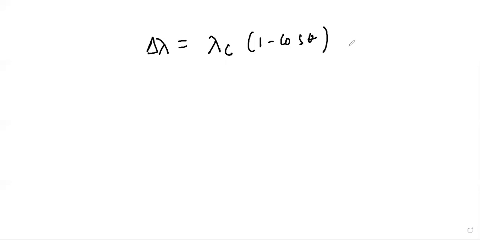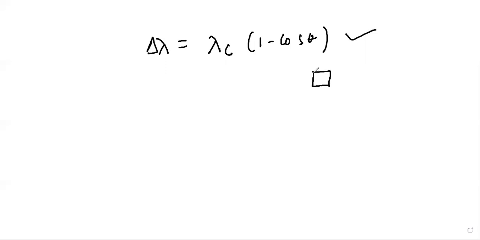This particular equation clearly shows that the Compton shift del lambda is independent of the wavelength of the incident radiation and the nature of the target material on which it is incident.